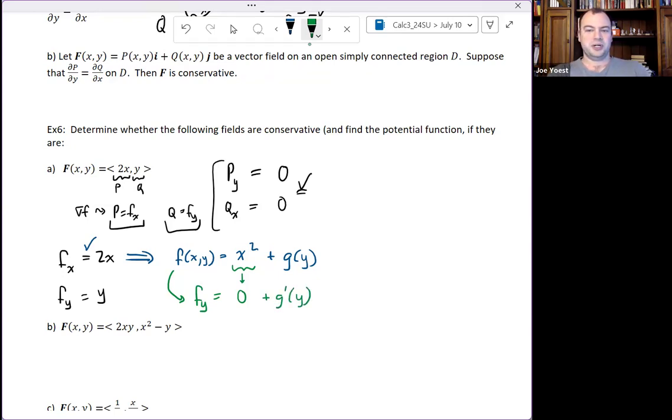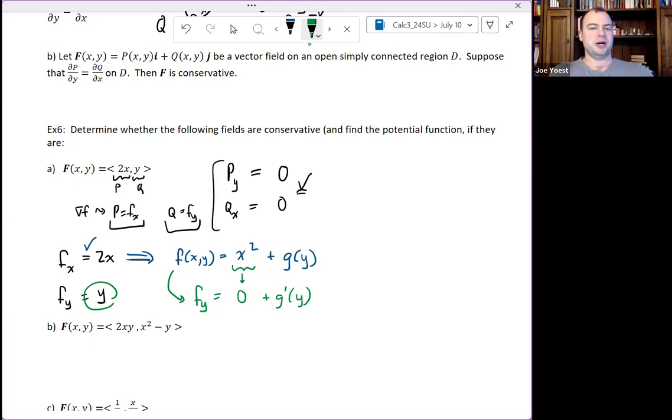And then plus, well, the derivative with respect to y of g of y is just the regular derivative, g prime of y. So I'm building up my model of what I think little f looks like. The x information tells me it looks like x squared plus g of y. But this also has to parse with the y information.